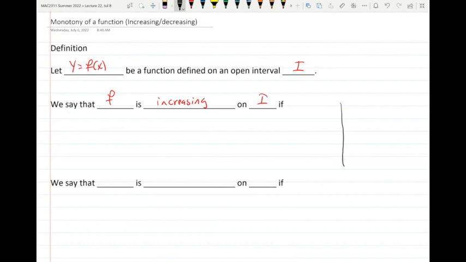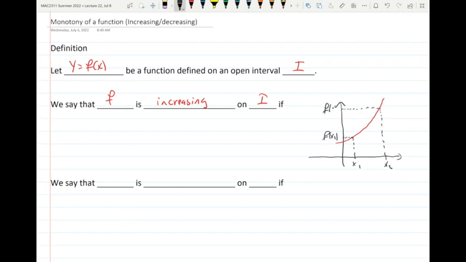Now, what's increasing? In common terms, increasing just means that the graph is going up. So let me draw a little picture here. Increasing means the graph is going up. Let's say that here you have point x1 and here the point x2. To say that the graph is going up is to say, going up means from left to right, because if you look at it from right to left, of course, it's going down.